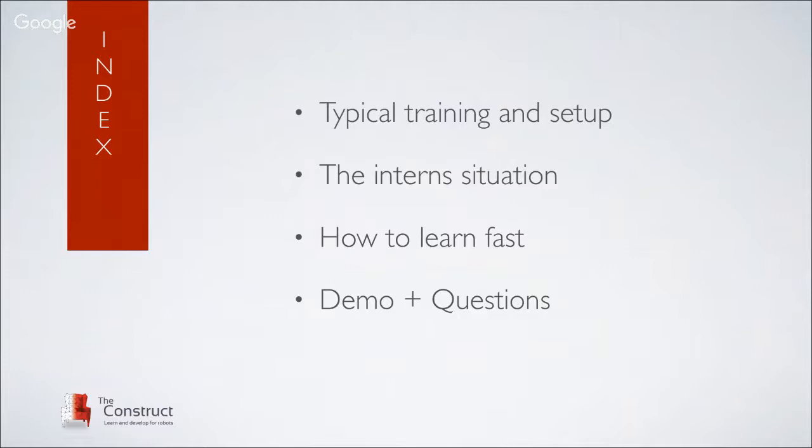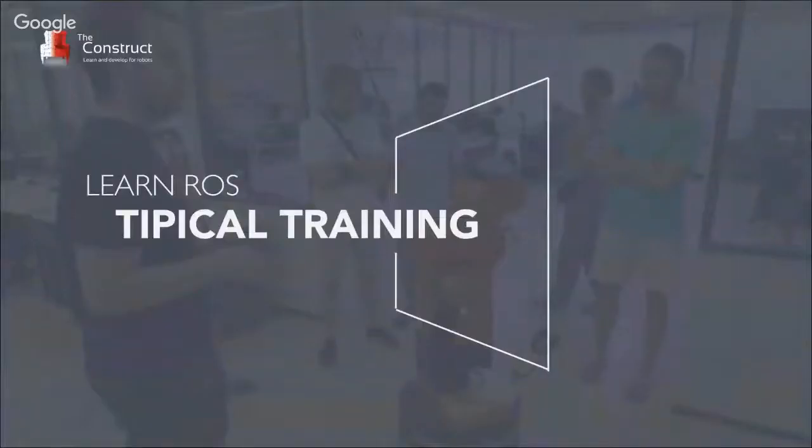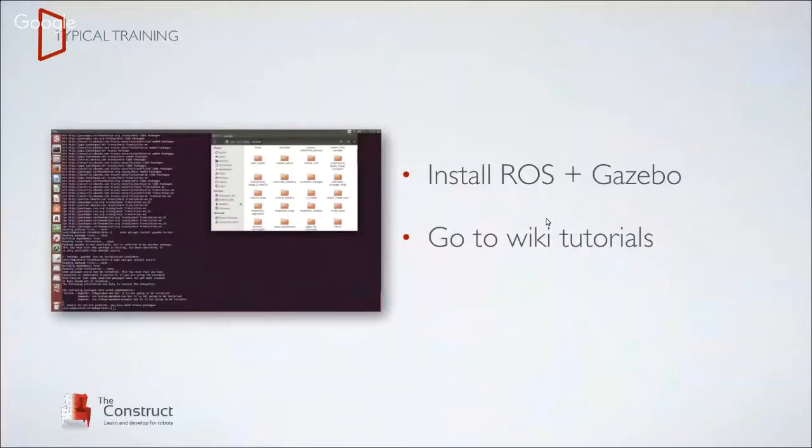And let's go then. So first thing, what is the typical training of ROS? Many of you have already suffered this way of learning ROS, I'm pretty sure. It basically consists of two steps.